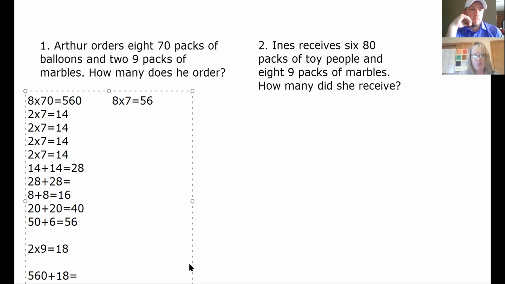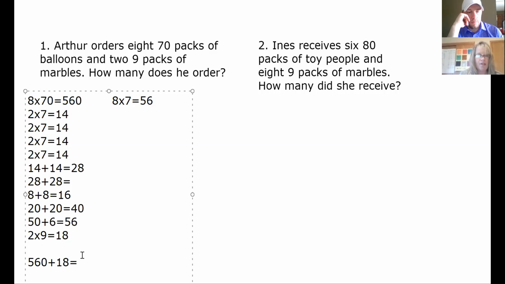I'm trying to go down below, but I guess I can't. So I need to use my space here. I know 60 plus 10 is 70. That's the only thing that's changing in my tens place. I have no other hundreds, and I know 8 plus 0 is 8. So I know this is 578. So my answer altogether is 578.